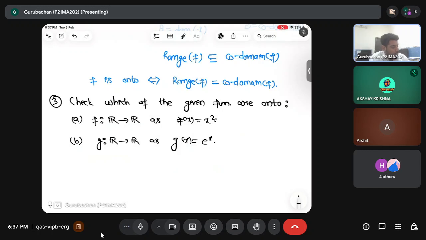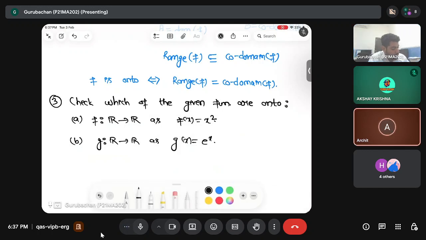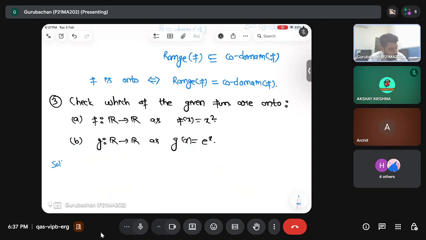What is the range? Sir, no function is onto. Okay, so why the first one? Sir, the range of the first function is 0 to infinity, 0 closed.